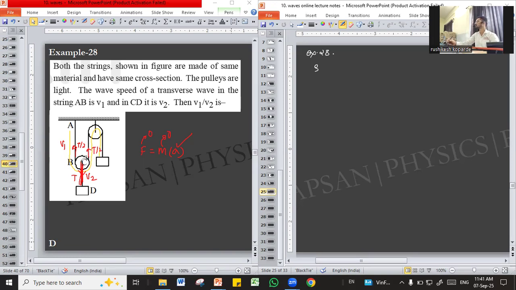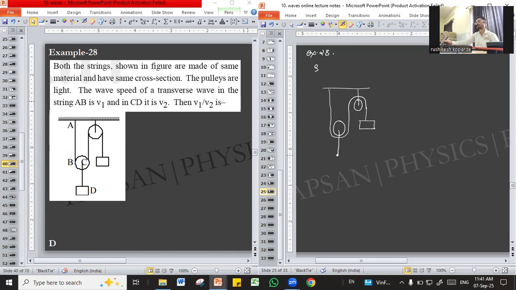This is a single string, so a single string will have the same tension everywhere. If I take this tension as T, it will pull this pulley down.